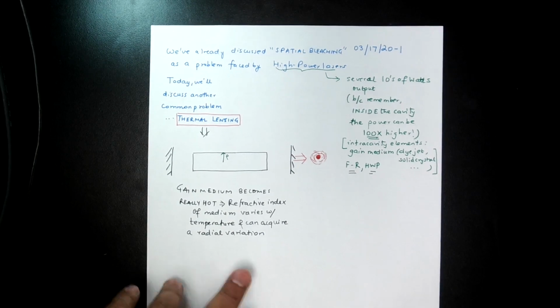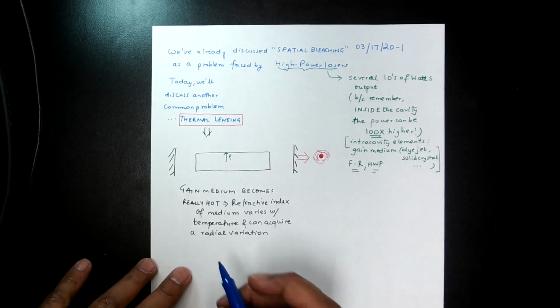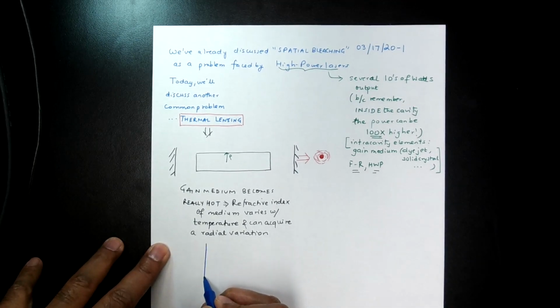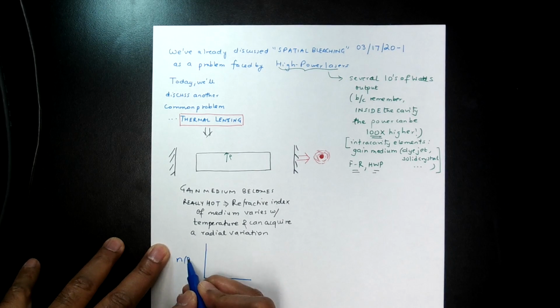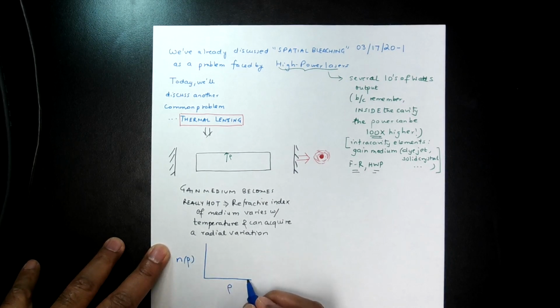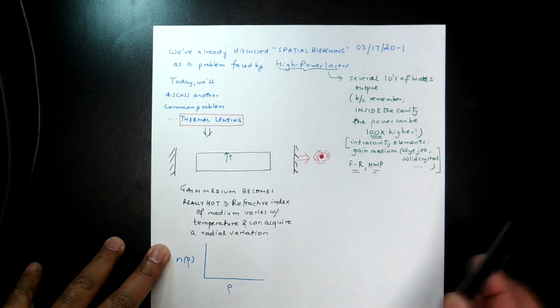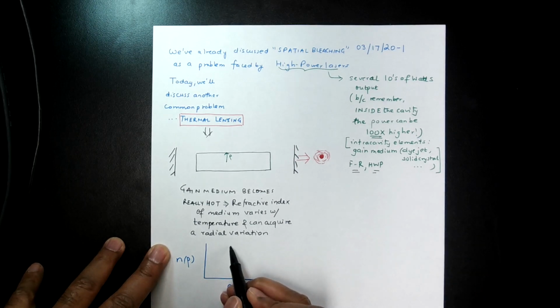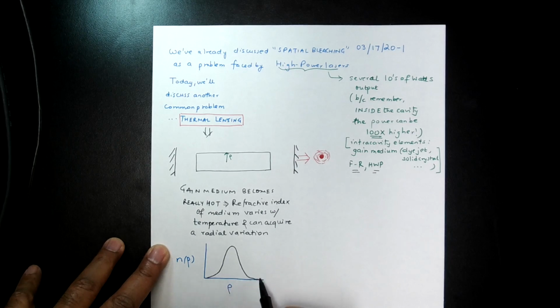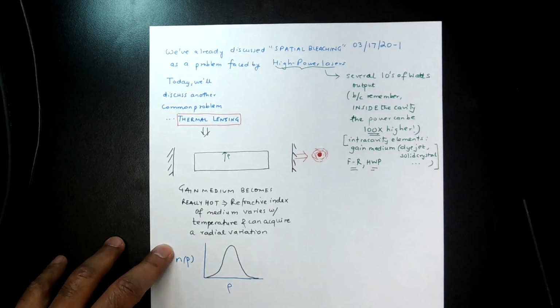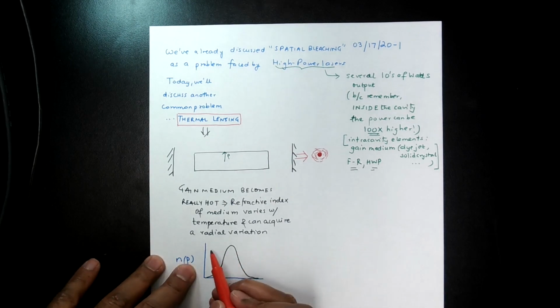If I wish to draw the refractive index here as a function of rho, then you can have either that the refractive index falls off like that, or you can also have that it's high here and low in the middle.